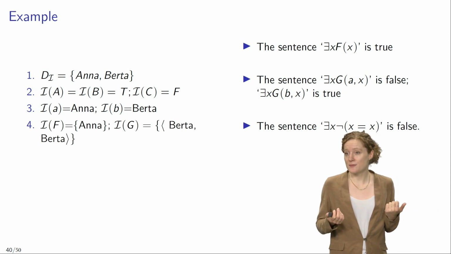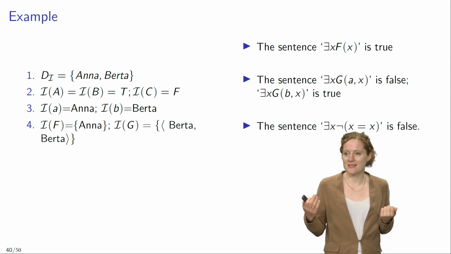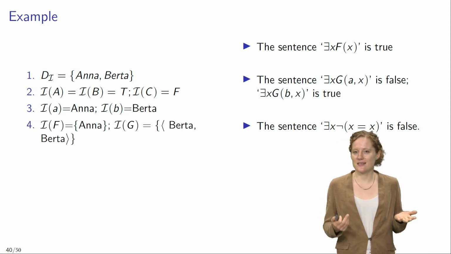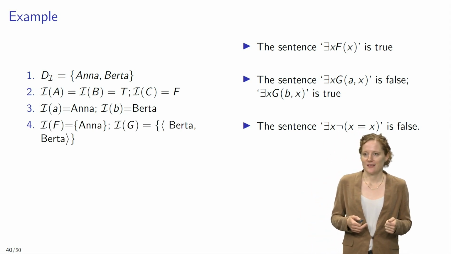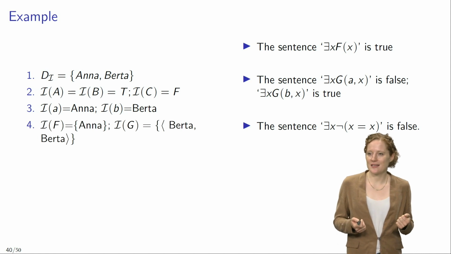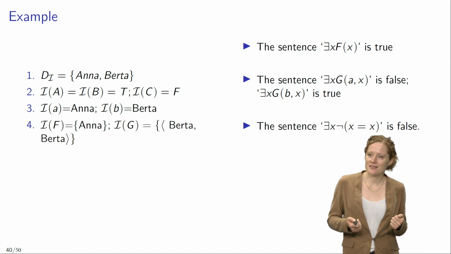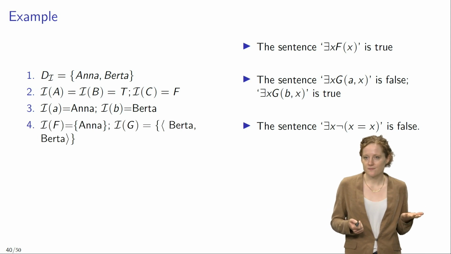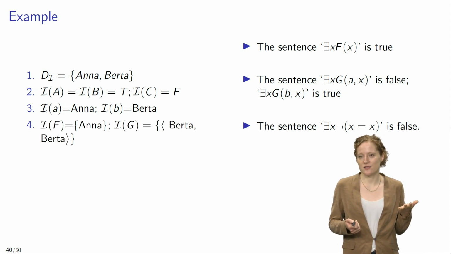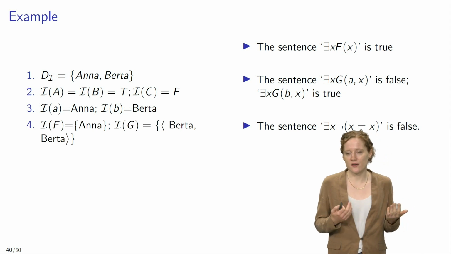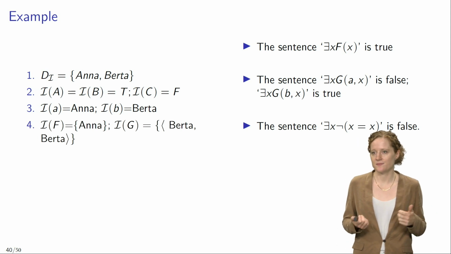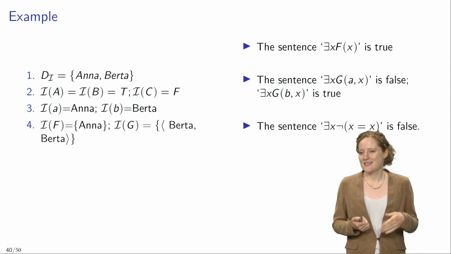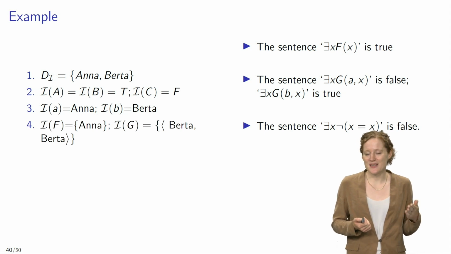Well, if we substitute a for the variable x in the open formula Fx, the result is the sentence Fa, and that sentence is true on our interpretation I. Now, as a second example, the sentence there is an x such that Gax is false, given that A refers to Anna, and there's no ordered pair in the interpretation of G that has Anna as first member.